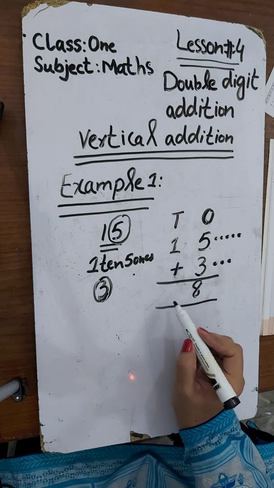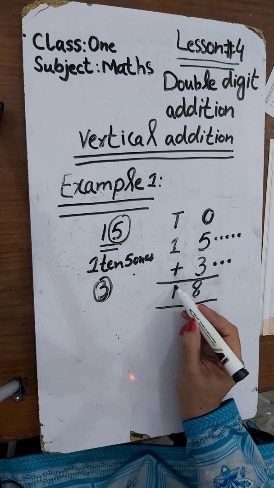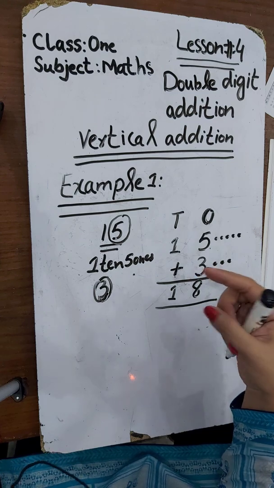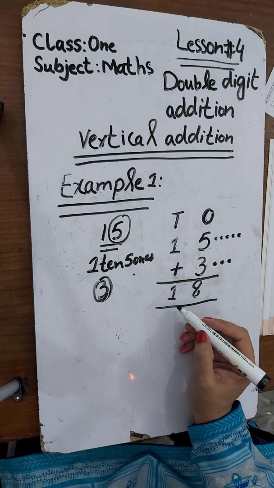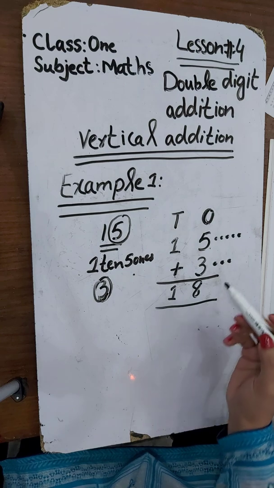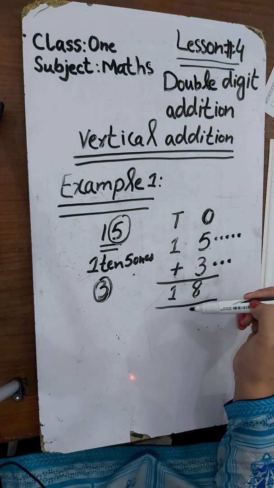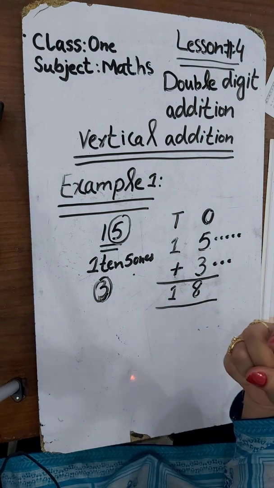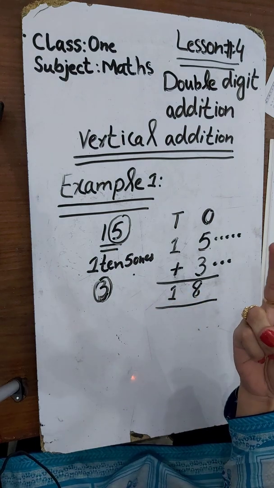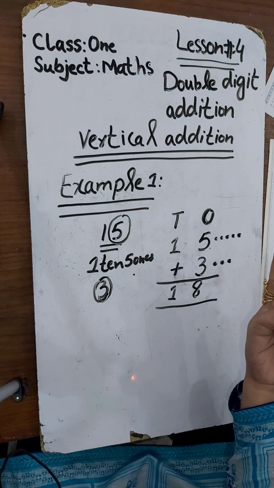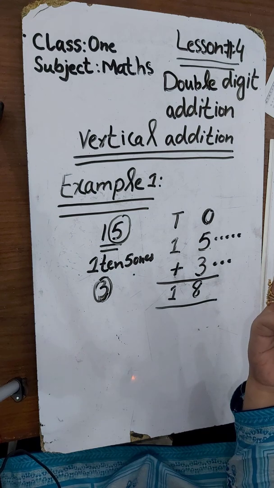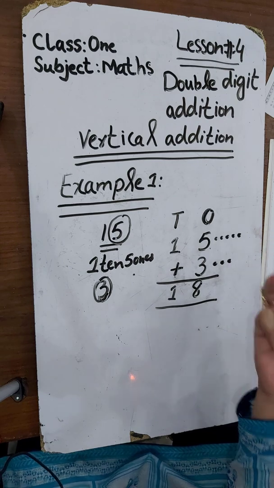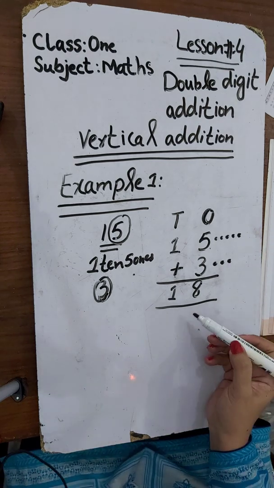So 1 plus 0 is equal to 1. So 15 plus 3 is equal to 18. After 15, what will come? 16, 17, 18. Yes, it will equal 18.